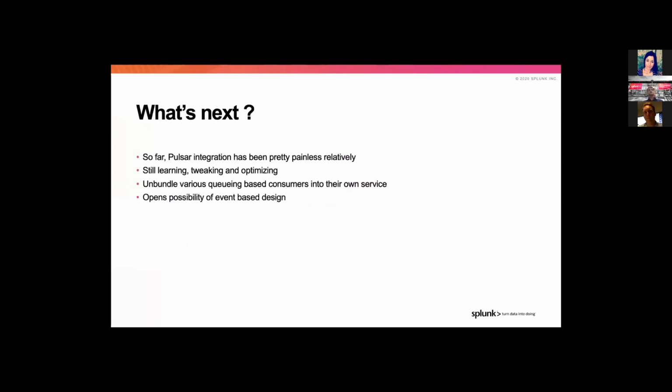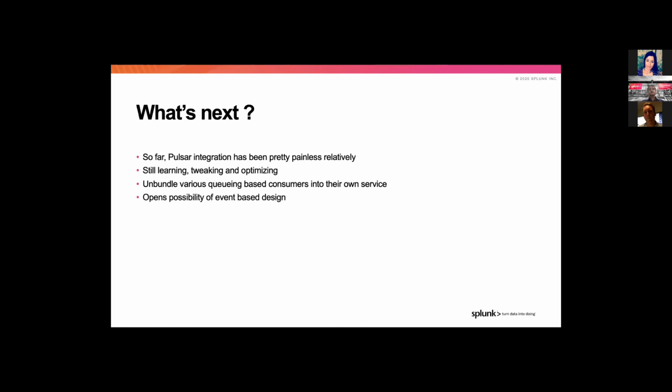So those are pretty much the three main subscription types that we are using in our product right now. Like I said, we started out with a fixed set of functional use cases, but as we are evolving, we are seeing that we can leverage the ability of Pulsar in many more places.